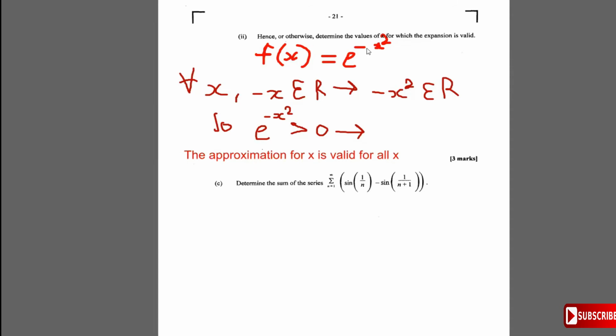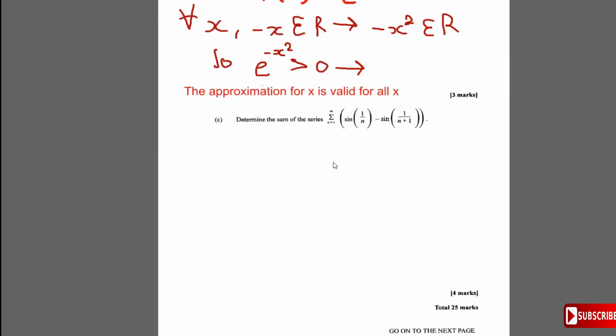So e to the minus 5 squared, anything you put in, it might be a very small number, but its approximation will always be valid. So it's going to be valid for all x.